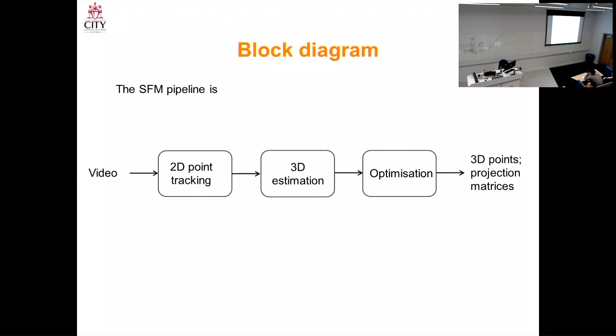Based on the correspondences you find through tracking, you can then do a 3D estimation. That gives you the structure, where those points are in 3D. You can also do some optimization to figure out where the cameras are and refine the 3D positions. So what pops out of here are the 3D points and the projection matrices for the cameras.